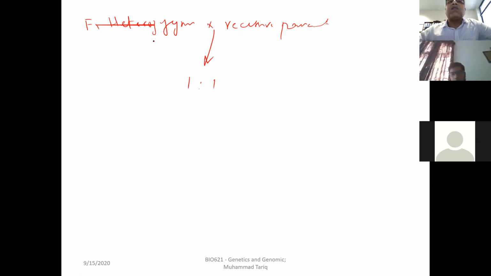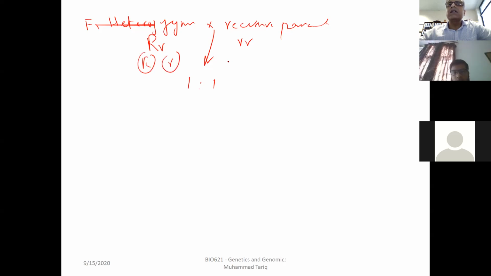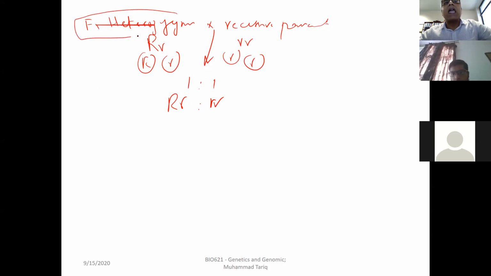F1 heterozygous was this, and homozygous recessive was this. What will be the ratio? You make gametes, and you get a 1:1 ratio. This is called a test cross. Whenever you cross F1 heterozygous with a homozygous recessive parent, that is also called a test cross.